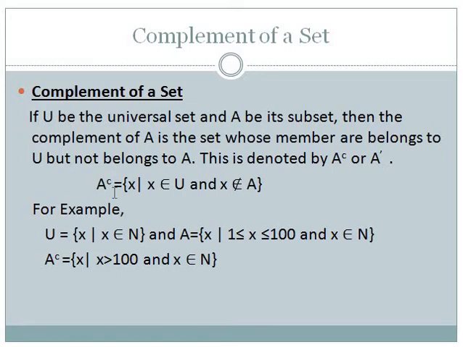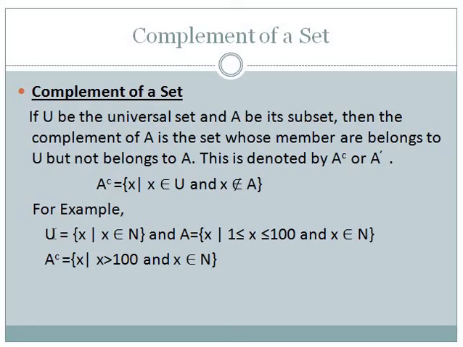So A complement is the set of all x such that x belongs to U and x does not belong to A. If you subtract A from U, that is the complement of set A.